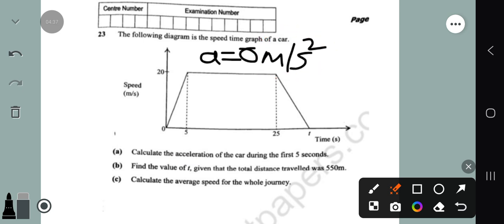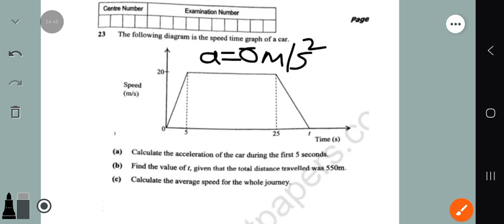So during the first 5 seconds, from here, or this uniform slope, what is the acceleration there? To find acceleration, you need to use the formula. There's a formula that we use when finding acceleration, all right?